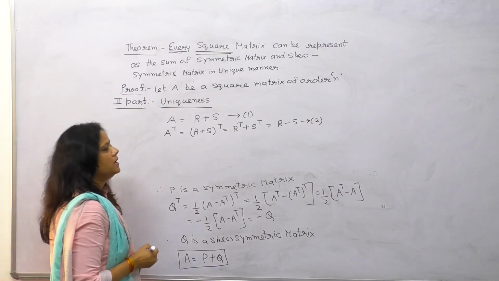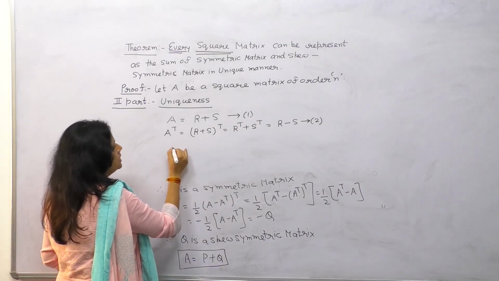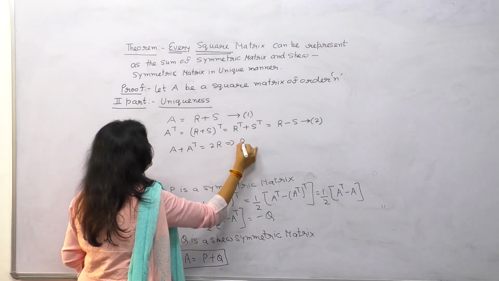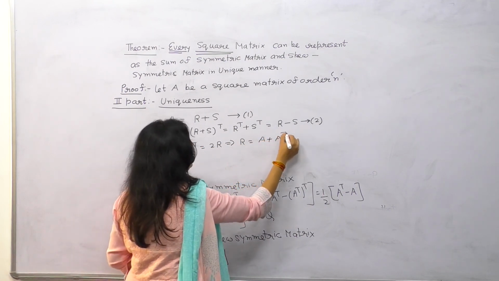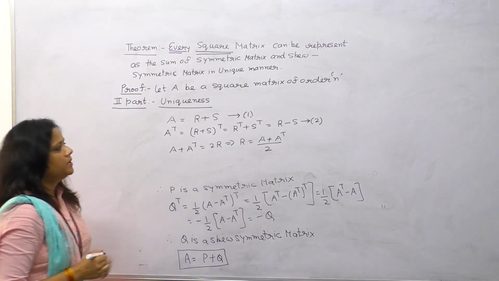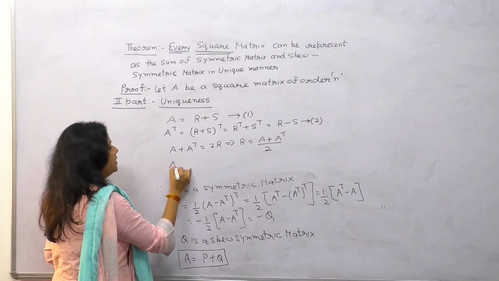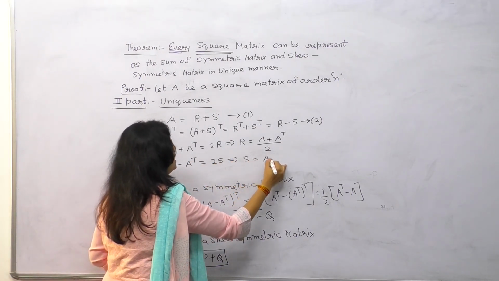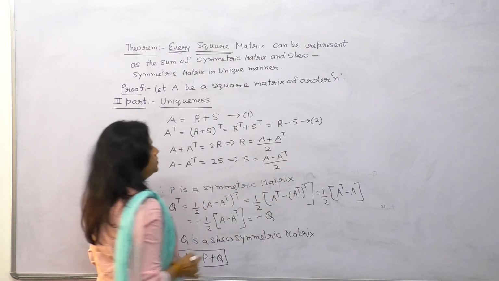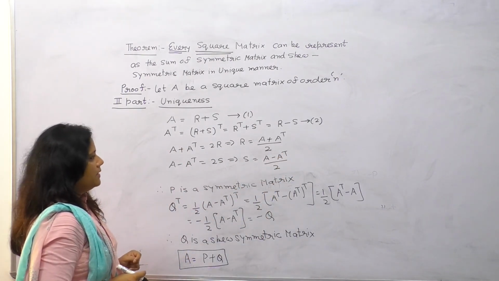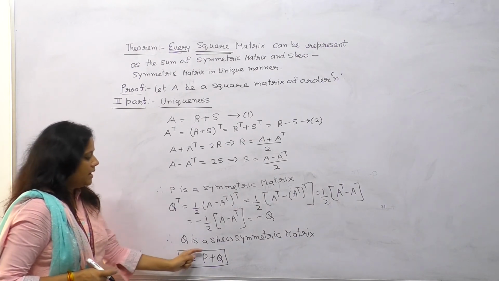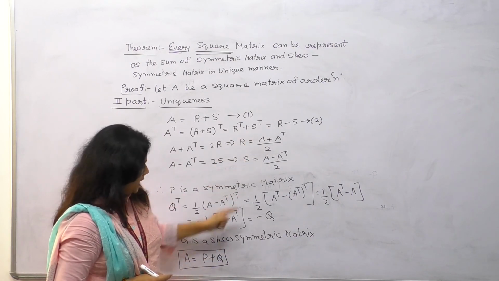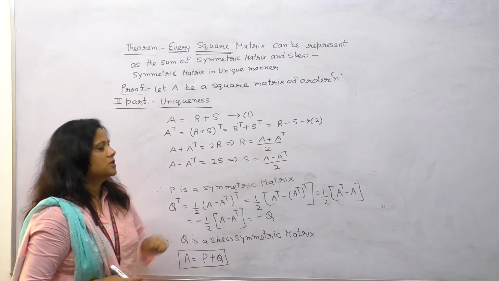Now adding equations 1 and 2, we get A plus A transpose is equal to 2R, that is R is equal to A plus A transpose by 2. If we subtract these two equations, we get A minus A transpose is equal to 2S, so S is equal to A minus A transpose by 2. So this is the value of R and this is the value of S. If we recall, the value of P is A plus A transpose by 2 and the value of Q is A minus A transpose by 2.